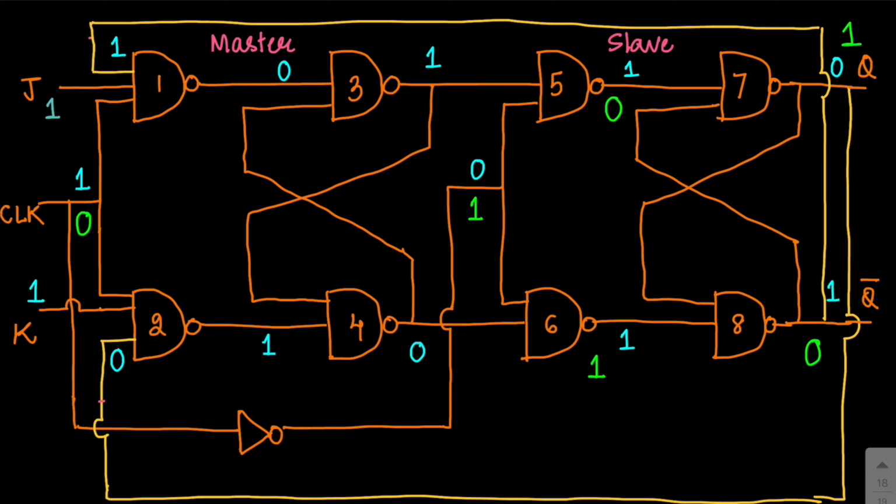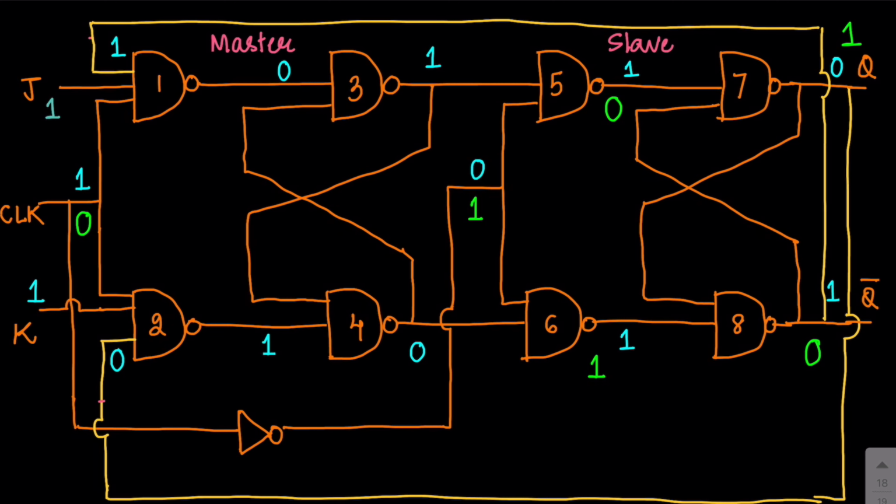So let us assume that previously, just notice the blue entries, the output is Q equal to 0 and Q bar equal to 1. And we have the condition at the input as J is 1, K is 1 and the clock is right now high. So the master is responding. In this case, the clock for the slave is 0.